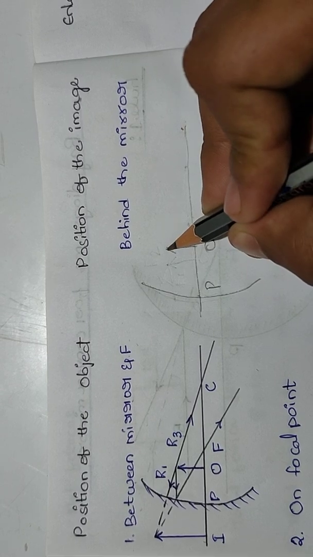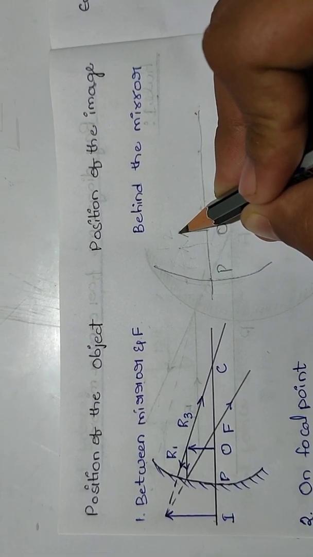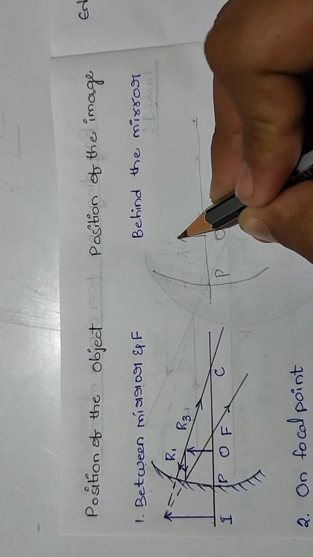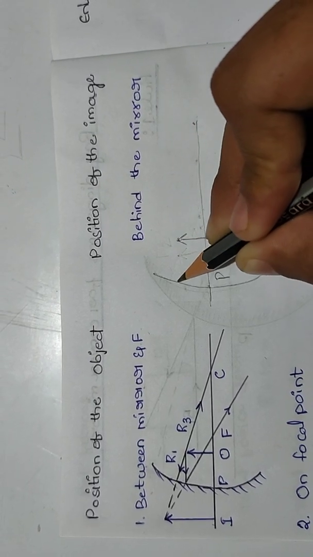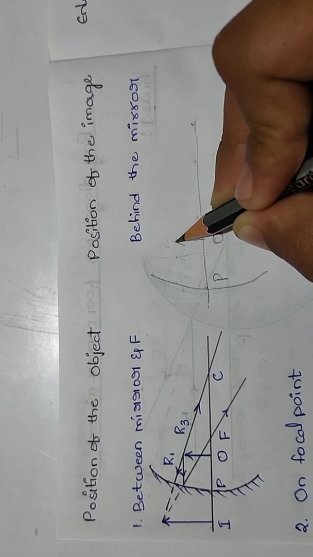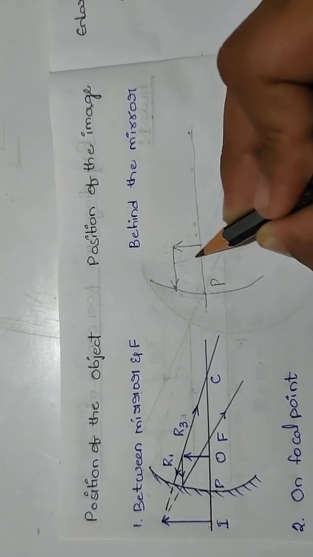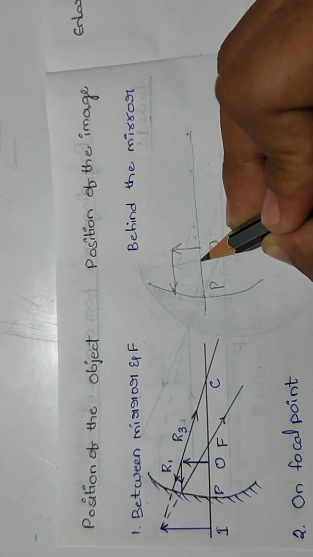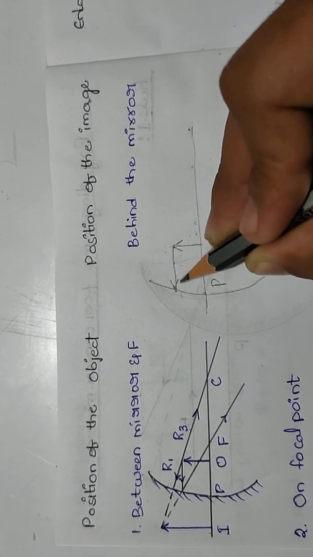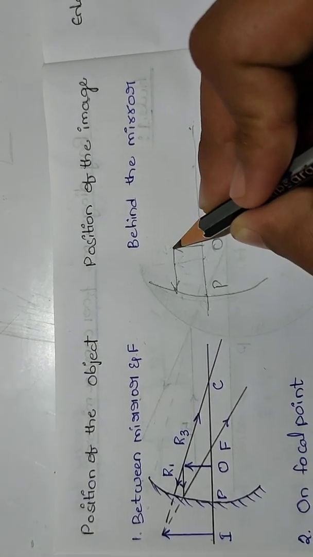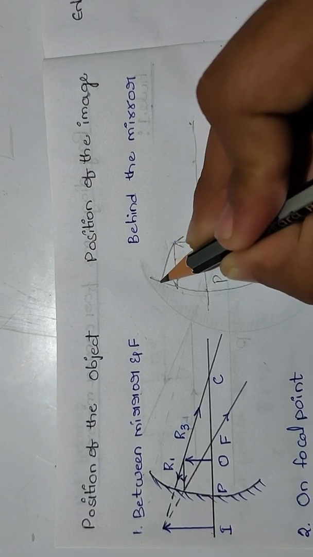Now let us consider two light rays initiating from the top of the object. One is traveling in this direction, just parallel to the principal axis. And one more ray, which is an inclined ray.